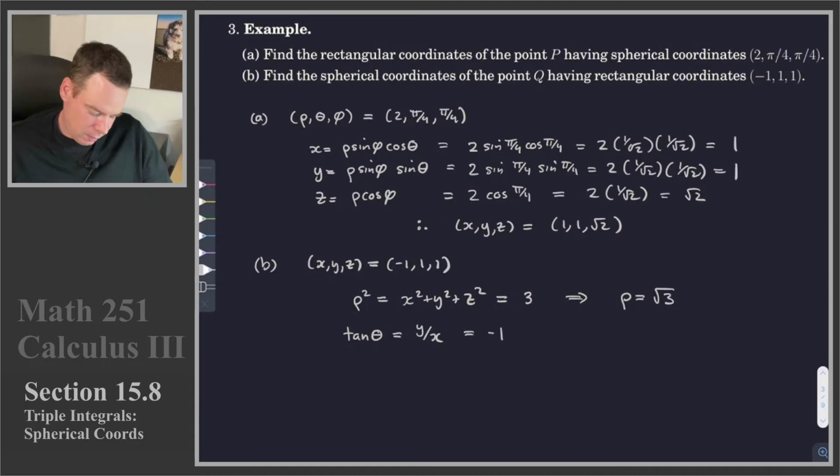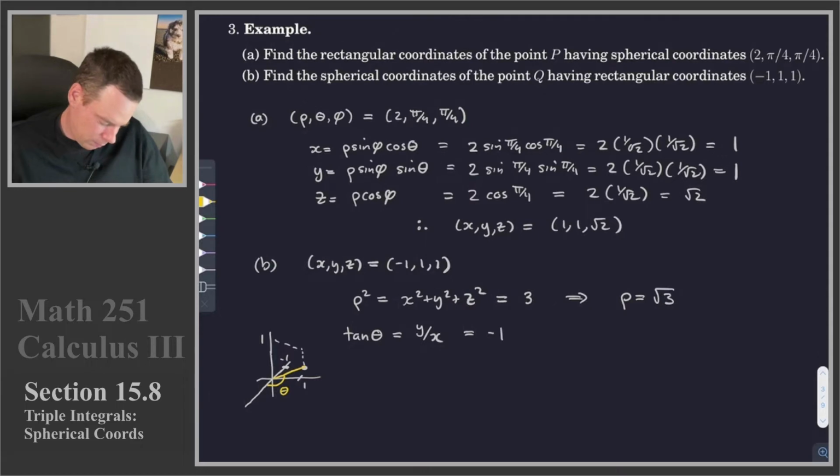And so what is tan theta? Well, we can get a picture for this. Nice to know which quadrant we're in. So we're at -1, 1 in the x, y plane, so we're over here, and then we're up along the z-axis 1 unit. So we're here. The angle theta we're looking for is this angle here.